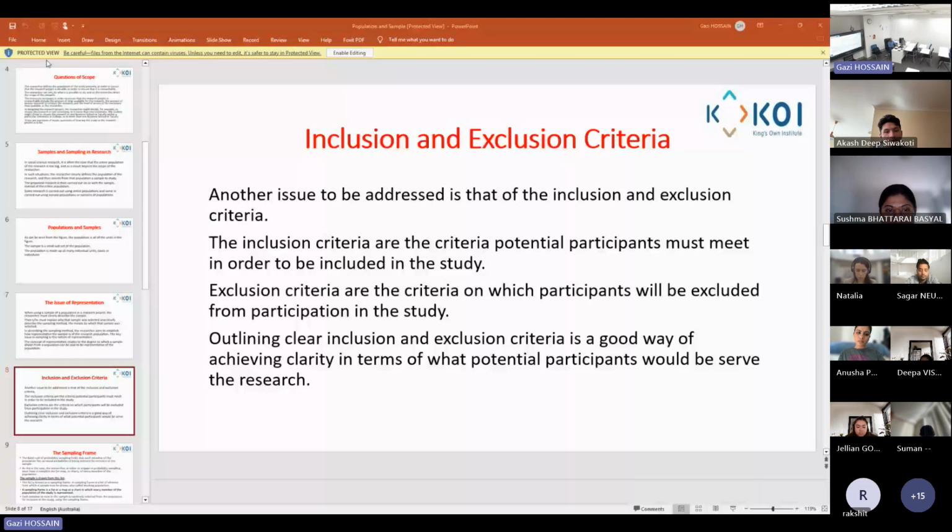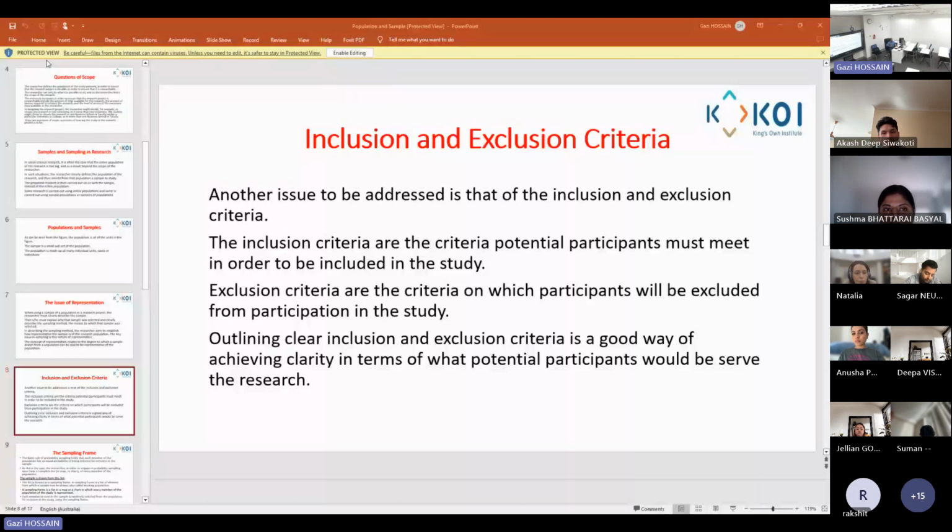So now, from our population, it's a question about the sampling. When you are drawing your sample, there can be different ways to get the sample. One is probability sampling, another one is non-probability sampling. These are the two main ways.